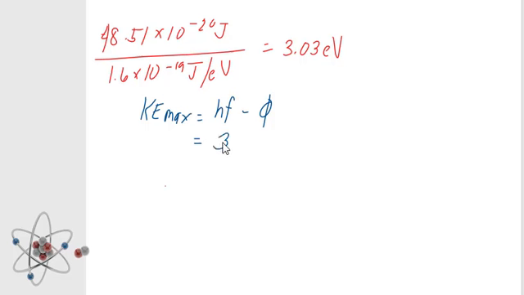So that is 3.03 electron volts minus 2.28. So the maximum kinetic energy here is equivalent to 0.75 electron volts.